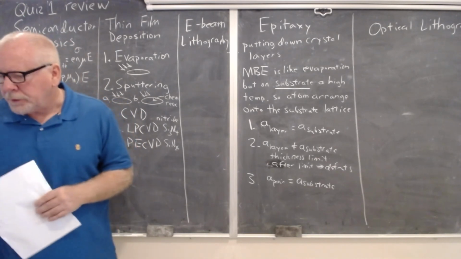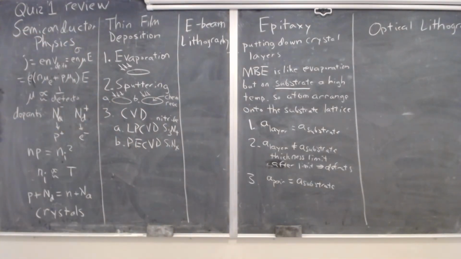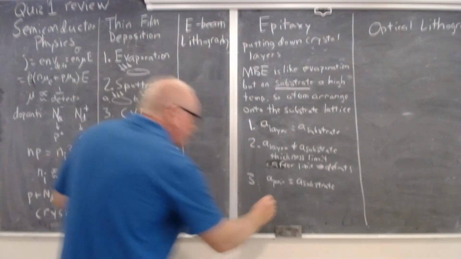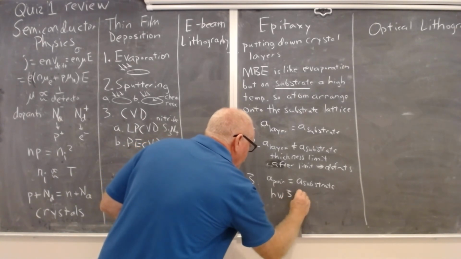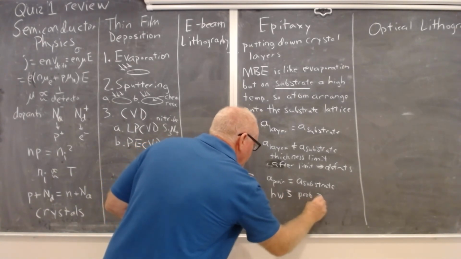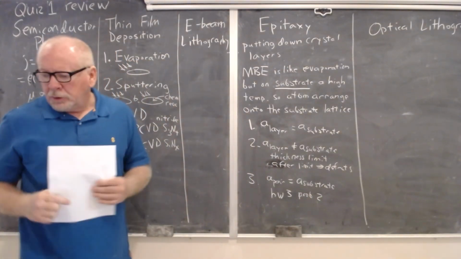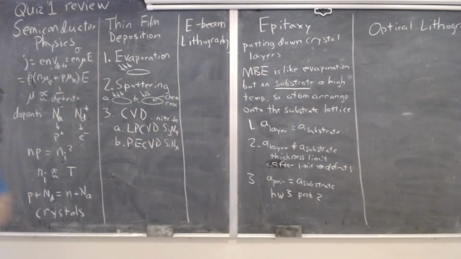That's our homework 3, problem 2. Okay, and I didn't want to belabor that. It's just that I wanted you to be aware that there's that third type, which is called strain balanced or pseudomorphic.